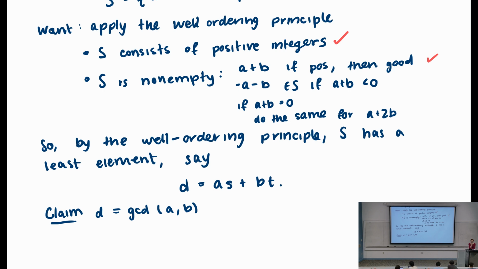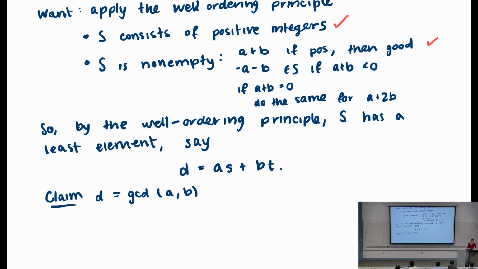Yeah, so we need to prove that D divides both of these. So we need to prove that D divides A and D divides B. And also that D is the largest among these.